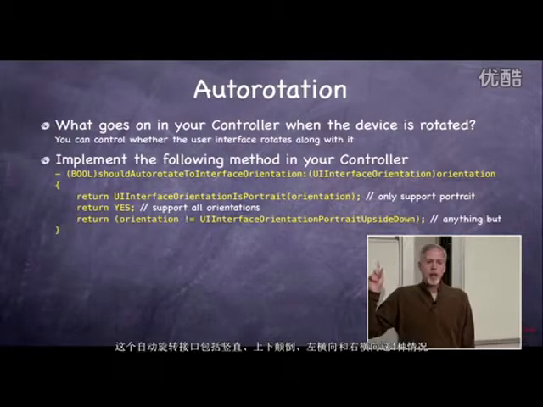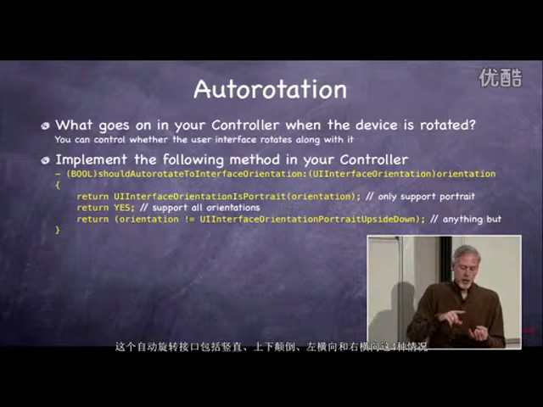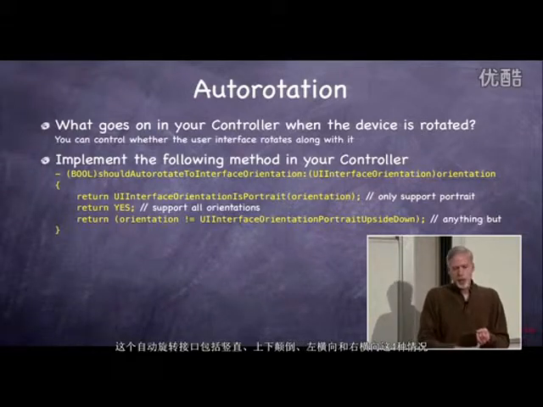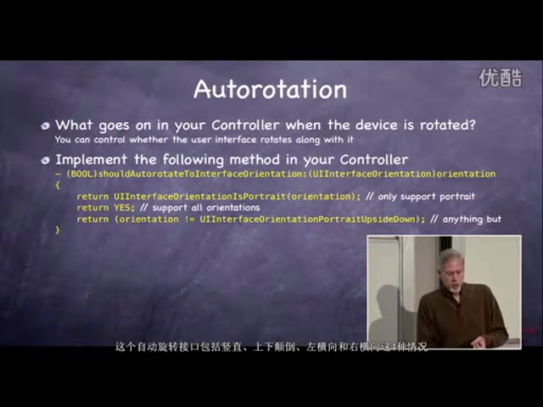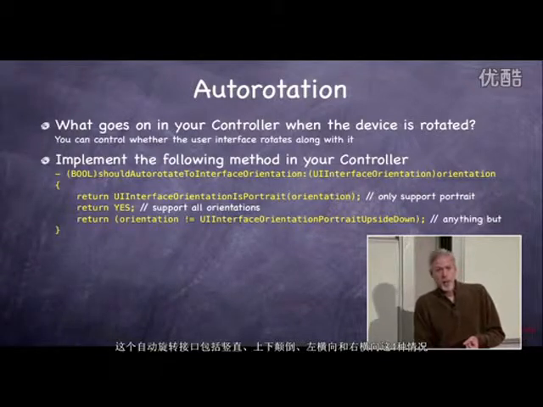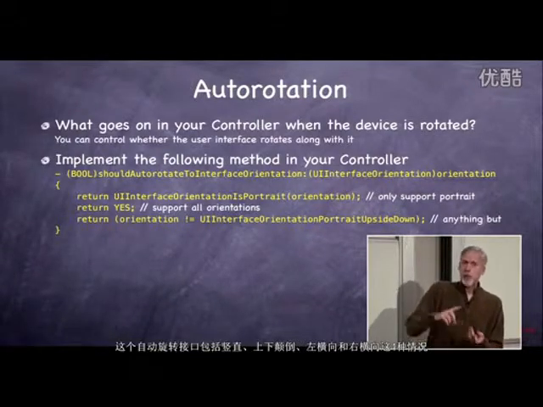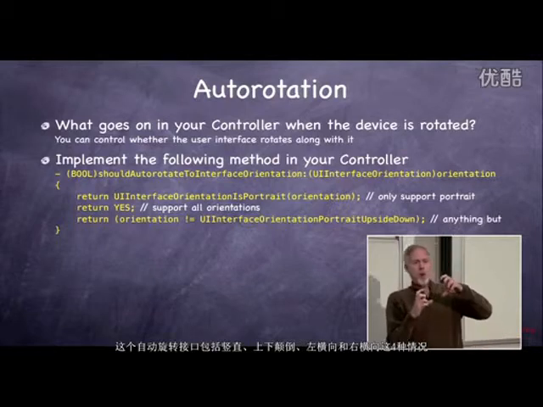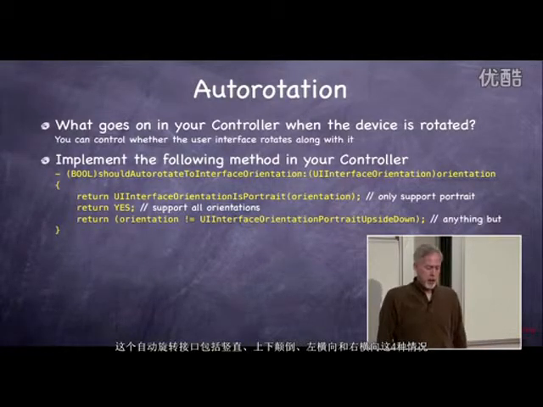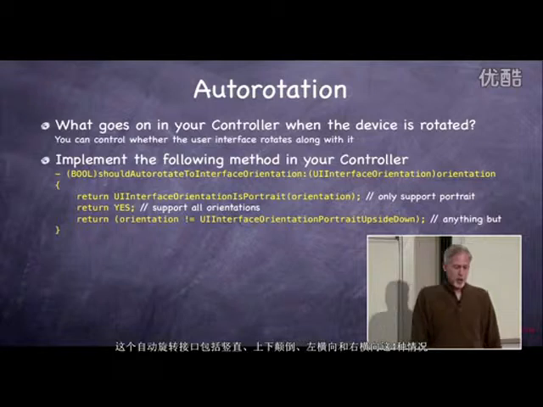Now, this orientation, UIInterfaceOrientation, is either UIInterfaceOrientationPortrait, PortraitUpsideDown, LandscapeLeft, or LandscapeRight, okay, which is landscape with the home button on the left, landscape with the home button on the right. Those are the four orientations you can go into.